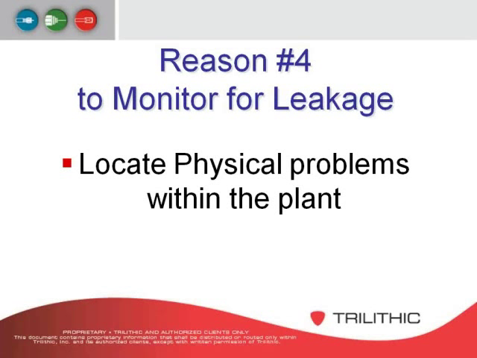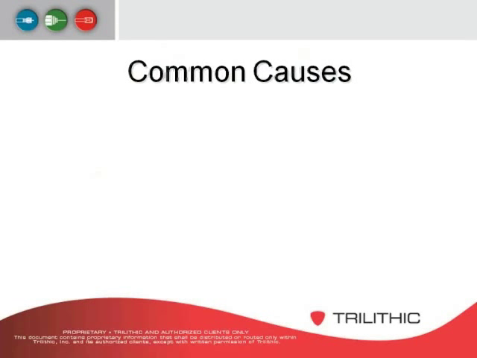When they nick the cable, it may not be enough to cause an outage, but it can be enough to cause signals to leak out. If you're doing a routine signal leakage plan, you'll come across that, and you'll potentially fix problems before the customers even know there is one.